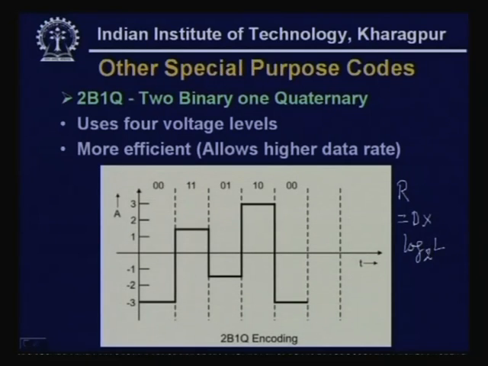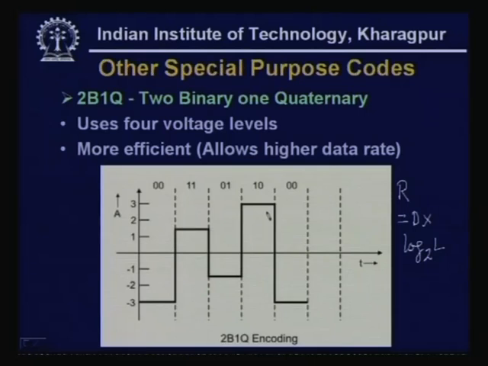Because it is using 4 levels, the data rate will be 2 times, and as a result each signal element will be able to represent 2 bits. So, the signal element -3 represents 00, or the signal element plus 1.5 represents 11. So, by using this multi-level encoding we are able to send more data with a lesser number of signal elements. In other words, with a lesser baud rate your data rate is more.